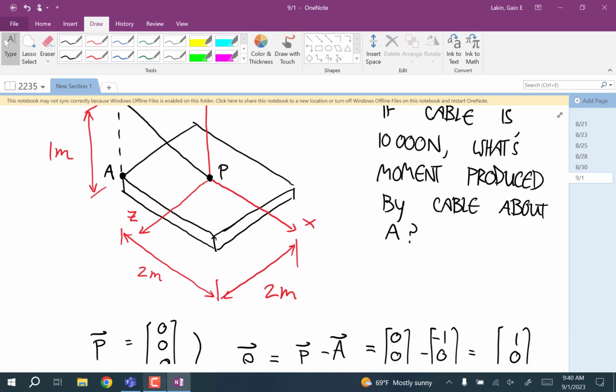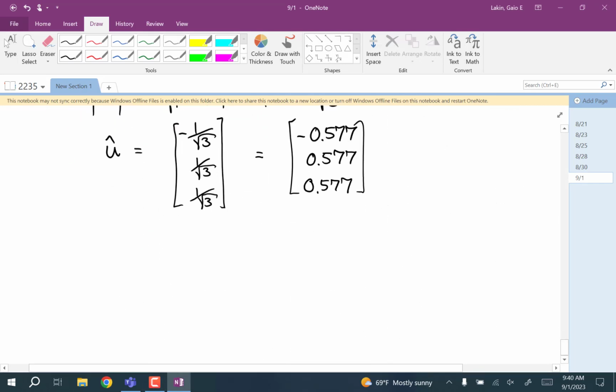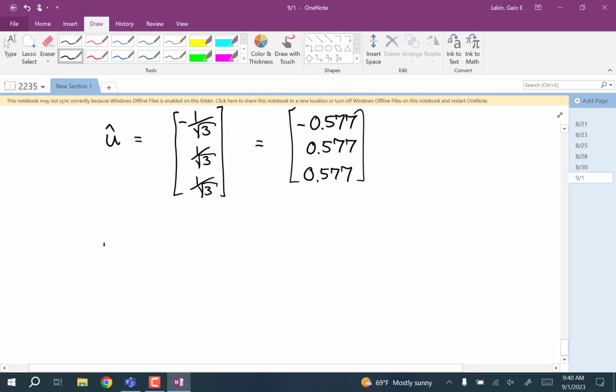That was given in the problem. So this force vector is 10,000 times this, which is -5770, +5770, +5770.